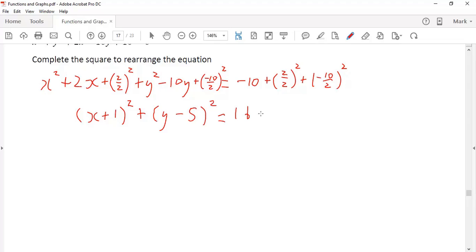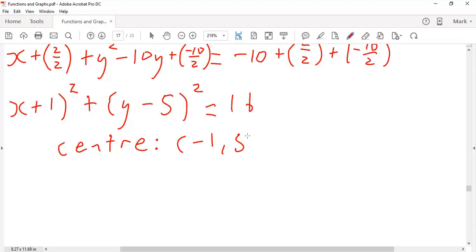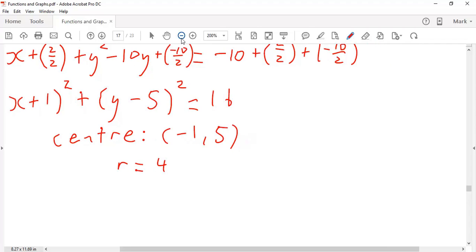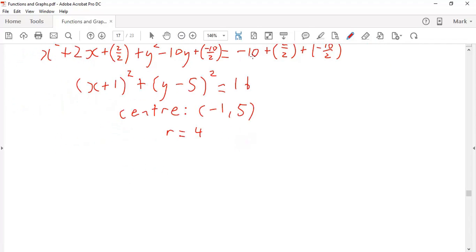So that gives us a circle with center negative 1 and 5 and the radius of 4. So knowing that, you should be able to graph it. But I'll just find the domain and range with you guys.